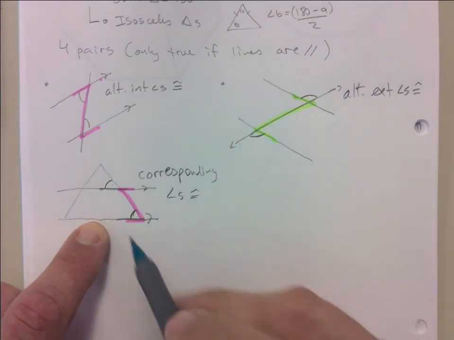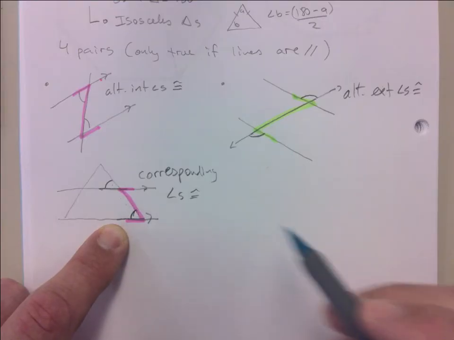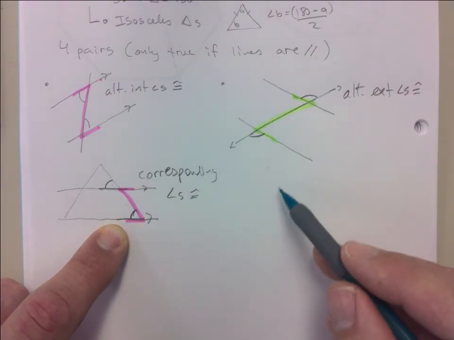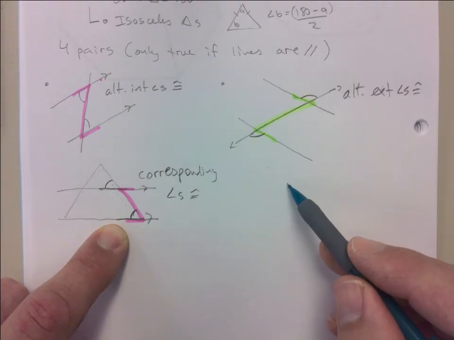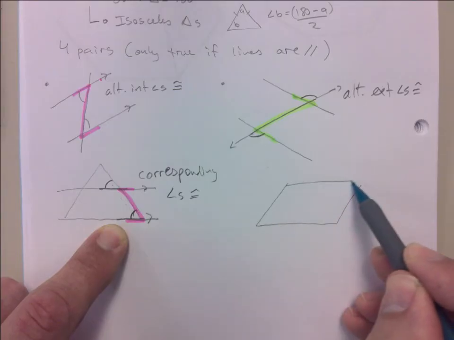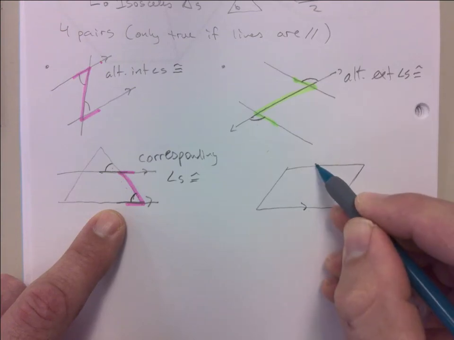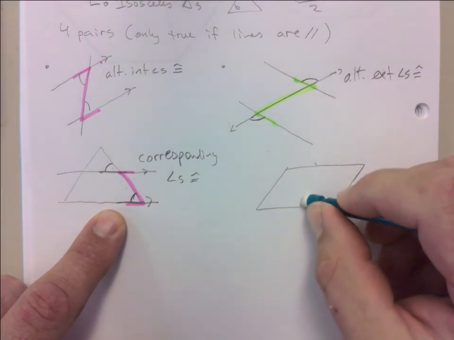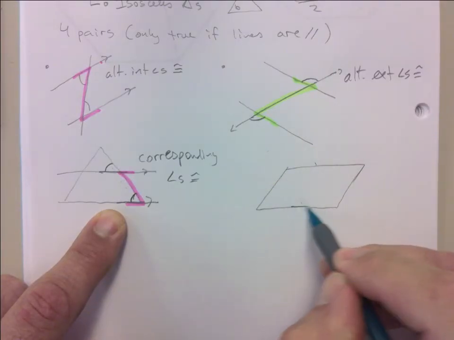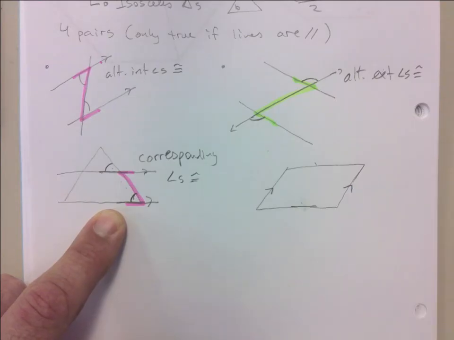CIA is very similar. CIAs would be both inside. Let me see if I can make it even messier. Oh, there's a parallelogram, and let's say these two are parallel. Actually, I'm going to change the narrative because you're too used to them always being this way. So what if these two lines are parallel?